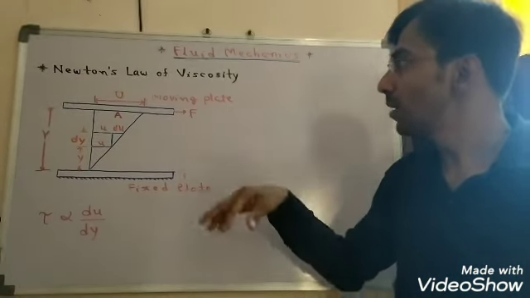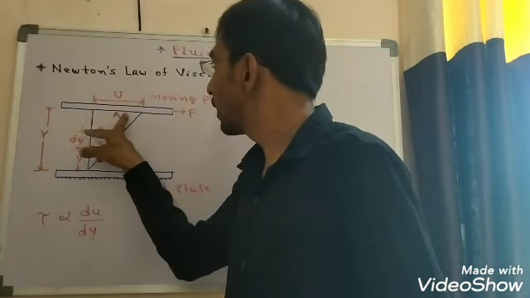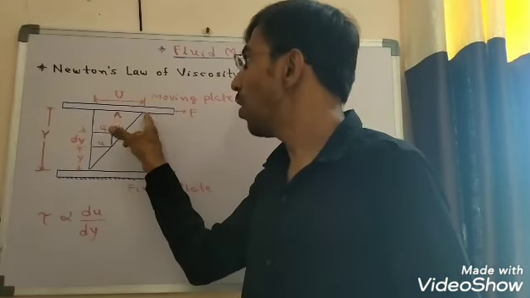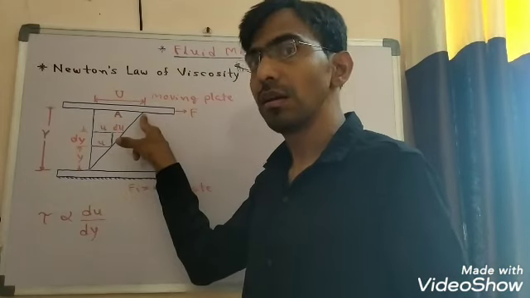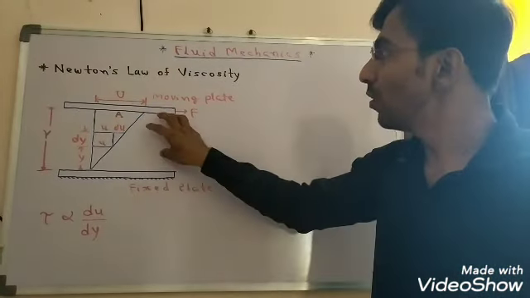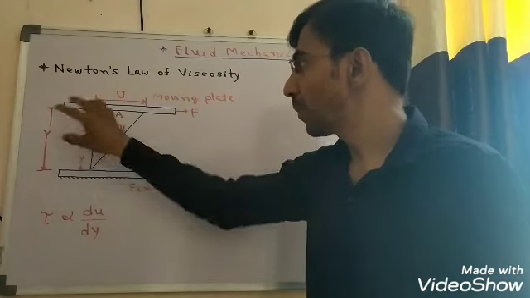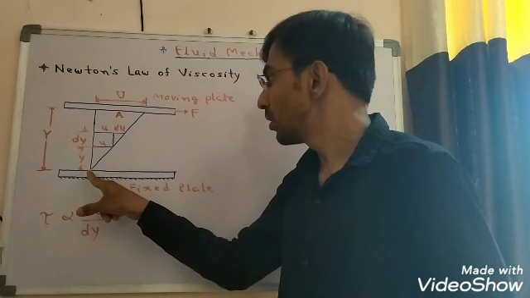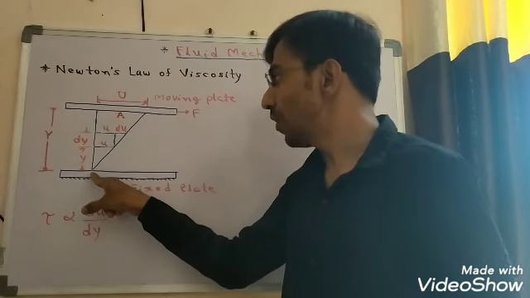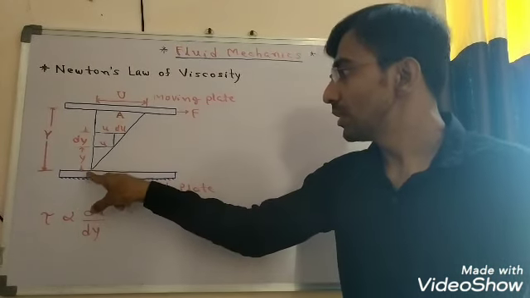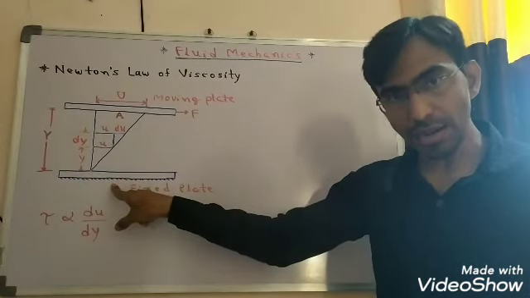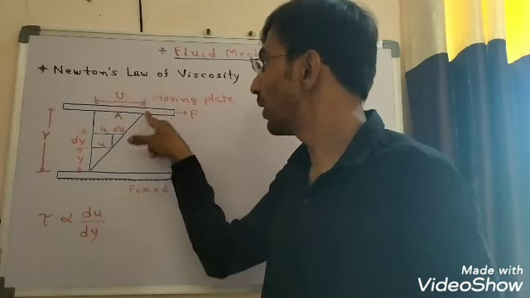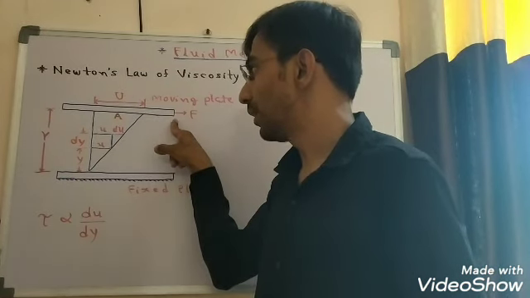Here, let A be the area of the upper plate in contact with the fluid. Here velocity varies from 0 at the fixed plate to u at the upper plate.